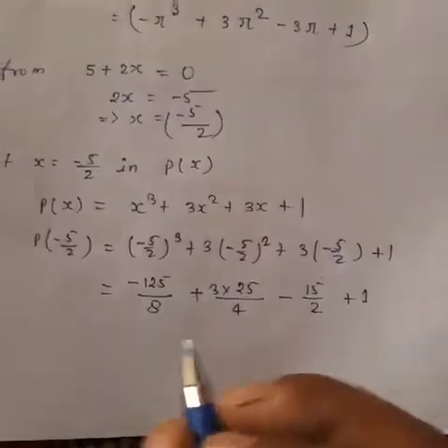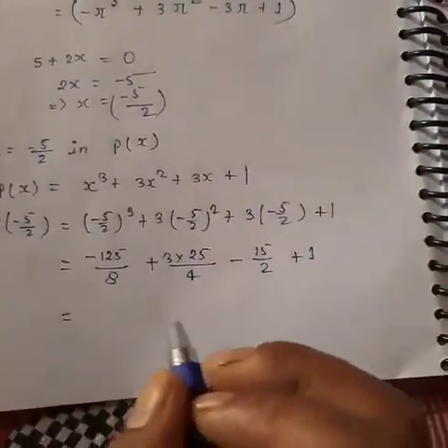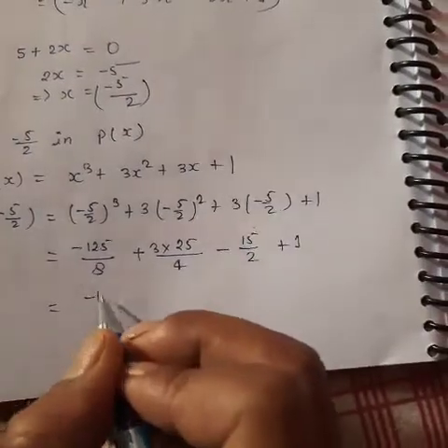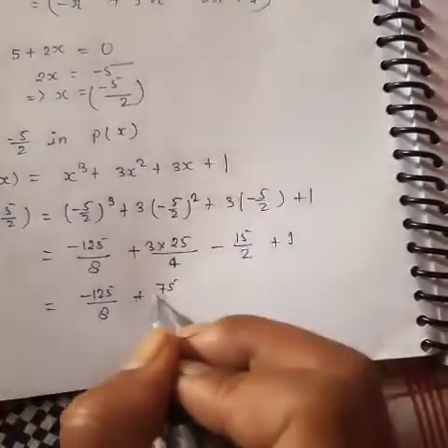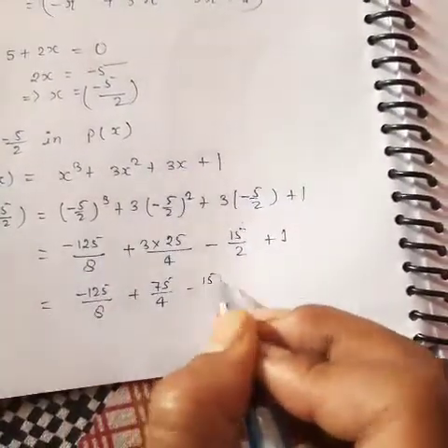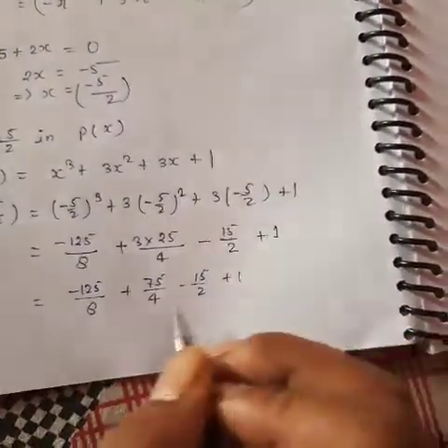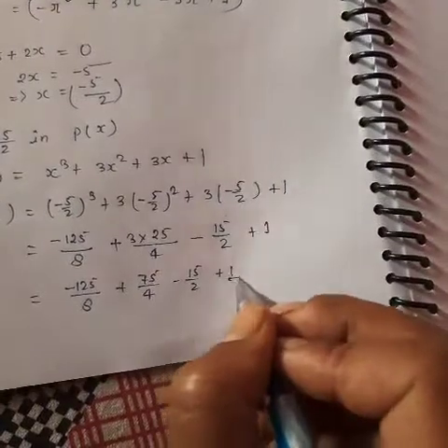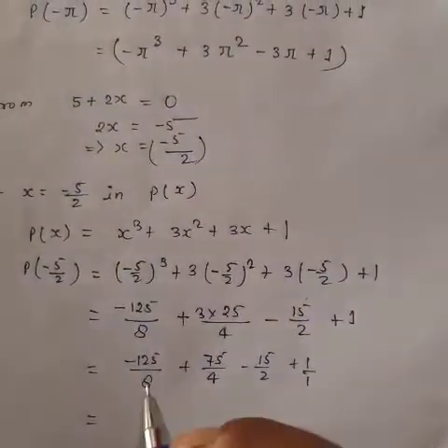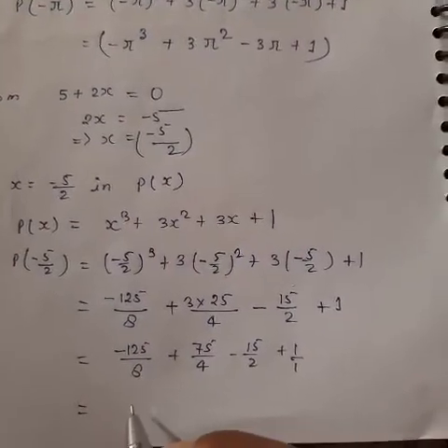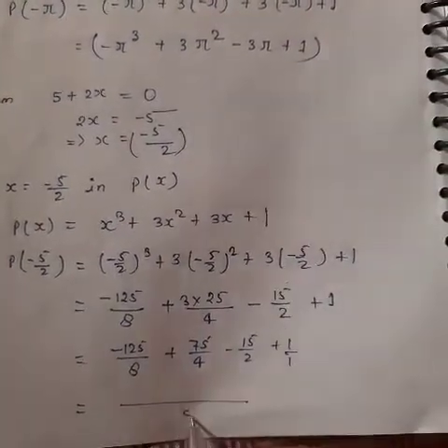Now taking the LCM of all these, so minus 125 upon 8 plus 75 upon 4 minus 15 upon 2 plus 1. So we can solve it, that will be the remainder. So 8 will be the LCM of all these.